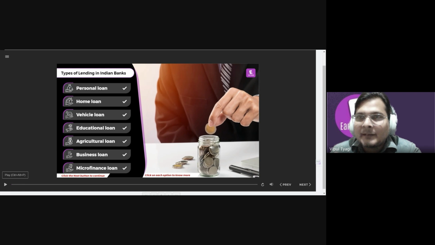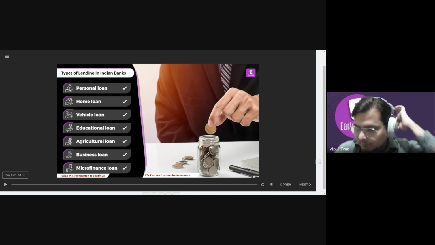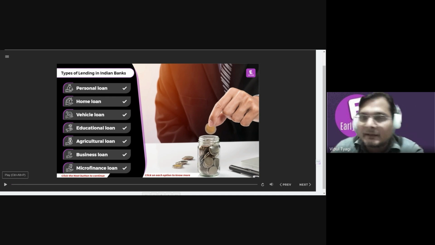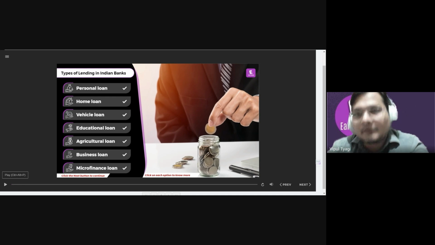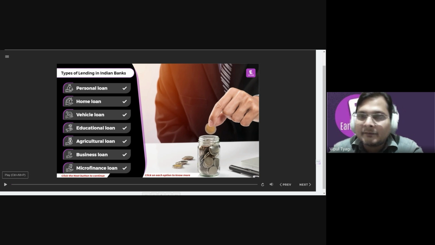There are two types of loans: secured loans and unsecured loans. Secured means where the bank takes some security or collateral for lending the money. Suppose you are depositing any gold or your property papers as security, against which the bank is giving you the loan.